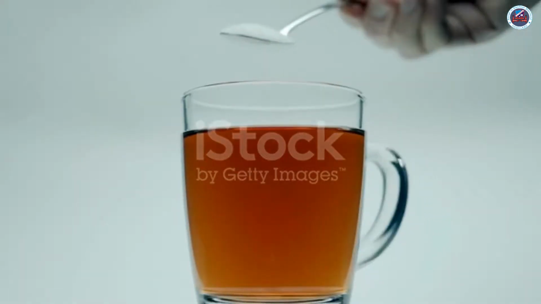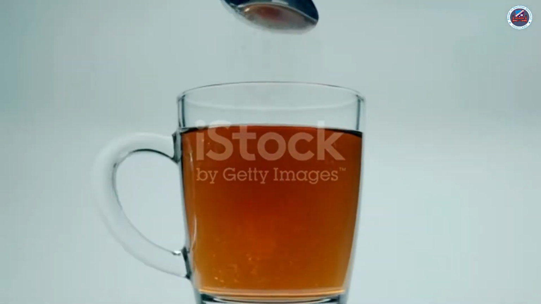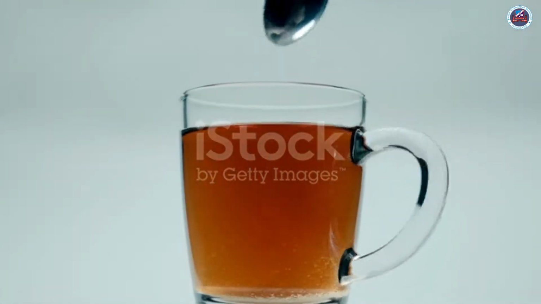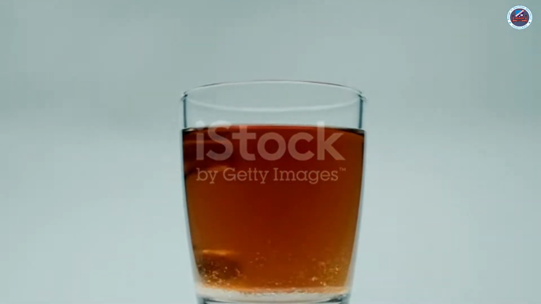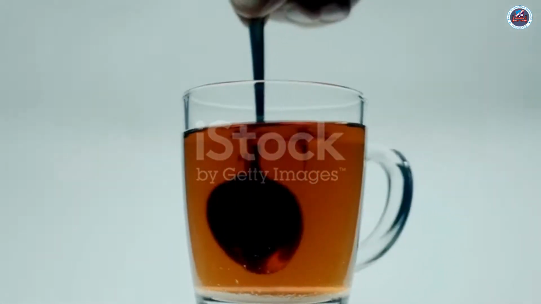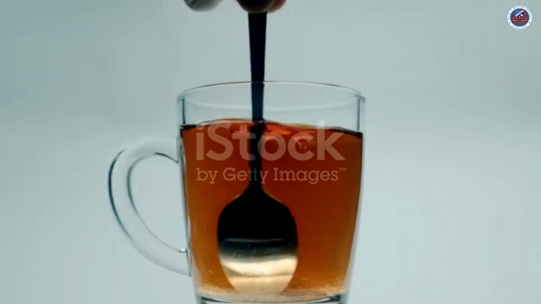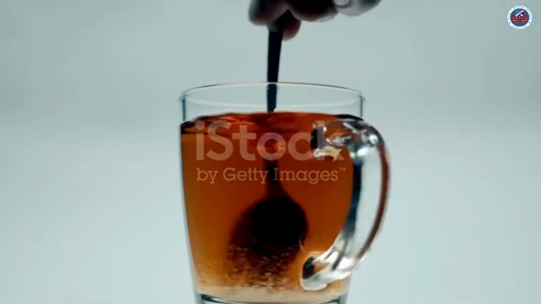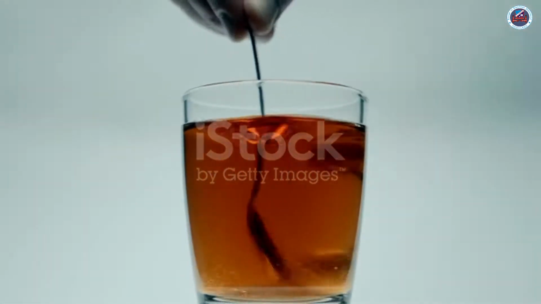We can make a solid dissolve faster in the liquid by stirring the mixture. You must have noticed that we stir the tea when we add sugar. This is to dissolve the sugar in the tea so that it will become sweet.